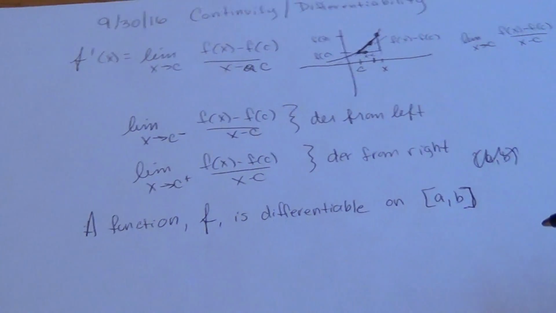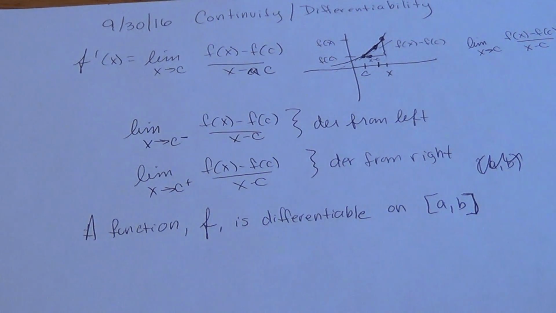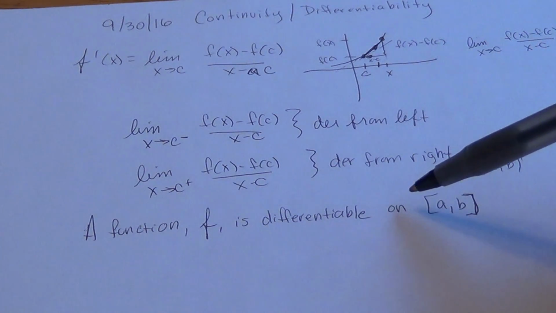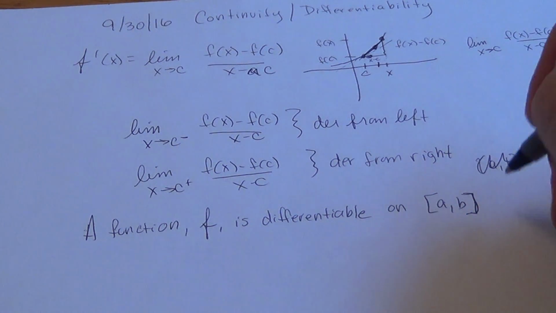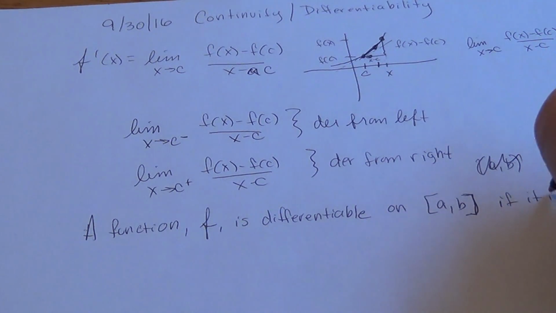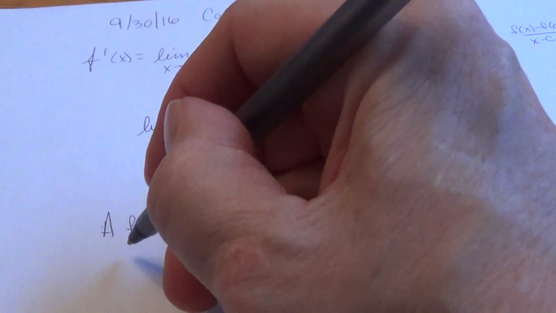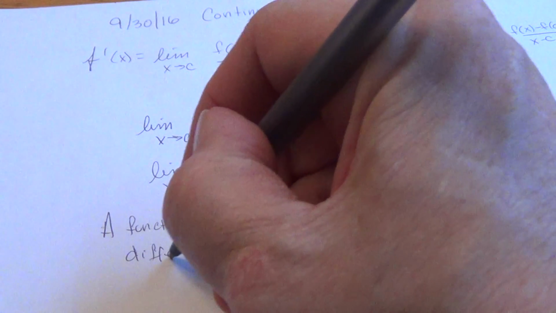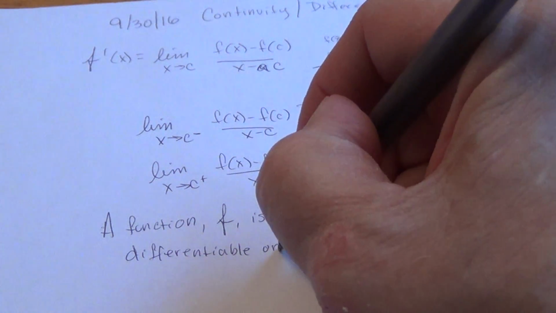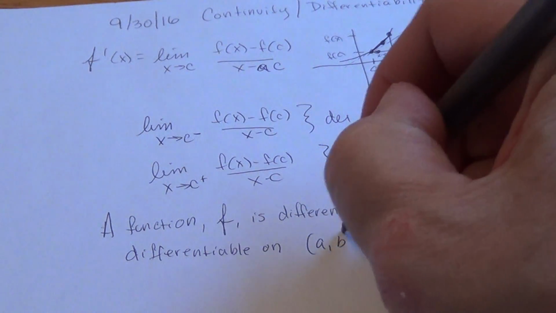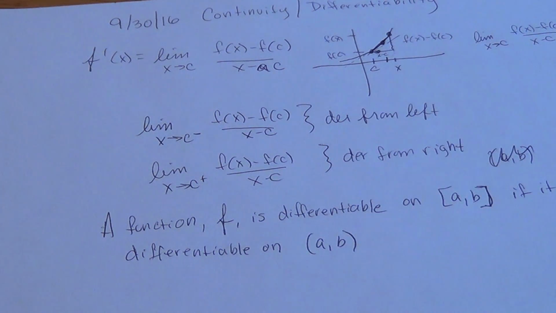So in this definition, we're defining differentiability on a closed interval. It's going to be differentiable on this closed interval if it is differentiable on the open interval, which includes everything but the endpoints.